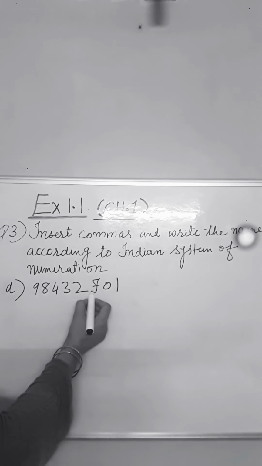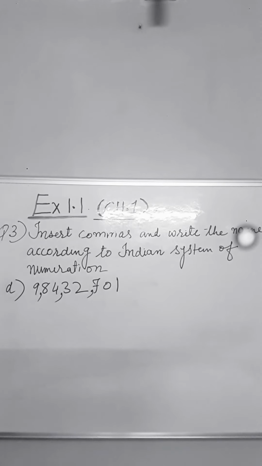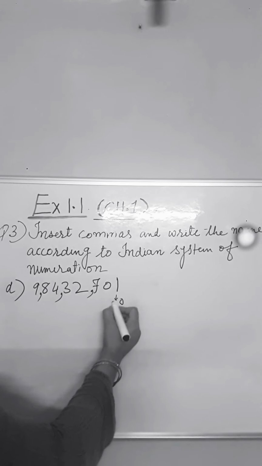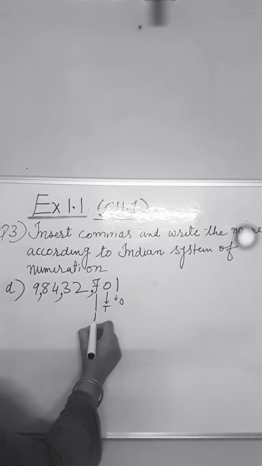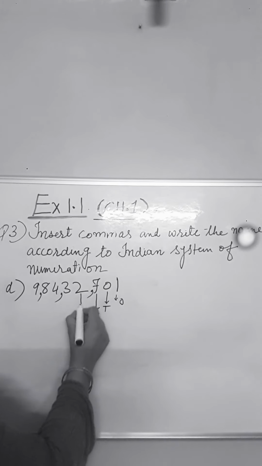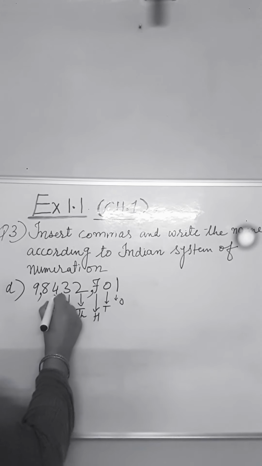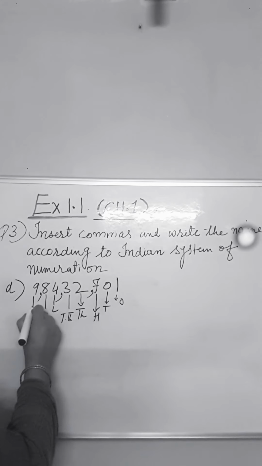So first comma after 3 digits, next commas after 2 digits according to Indian system of numeration. Now here the first place is ones place, as you all know. Second is tens place. Third is 100 place. Fourth is 1000 place. Next is 10,000 place. Then lakh. Then after this is 10 lakh. Then crore.